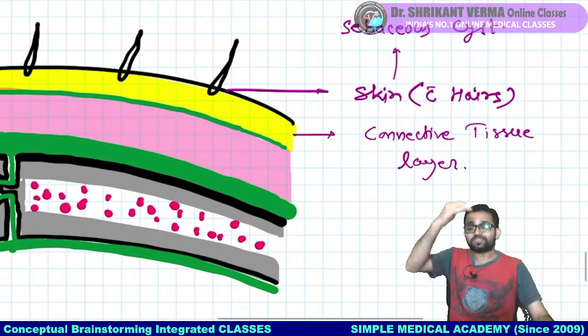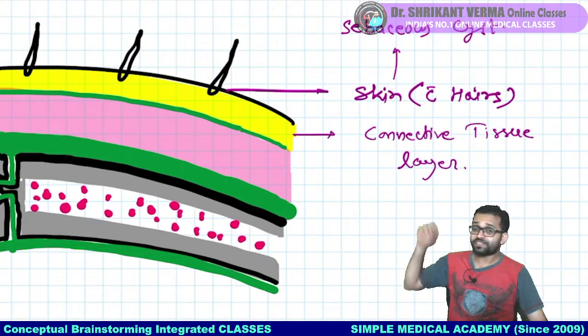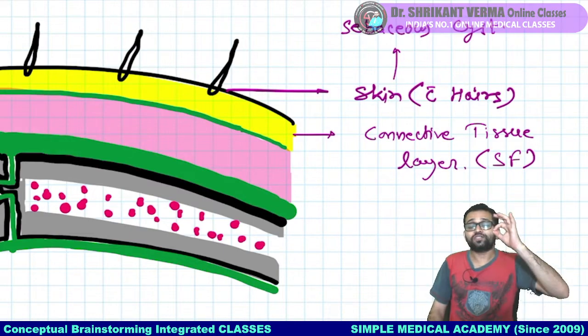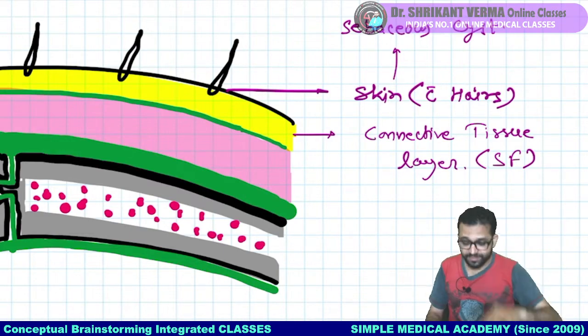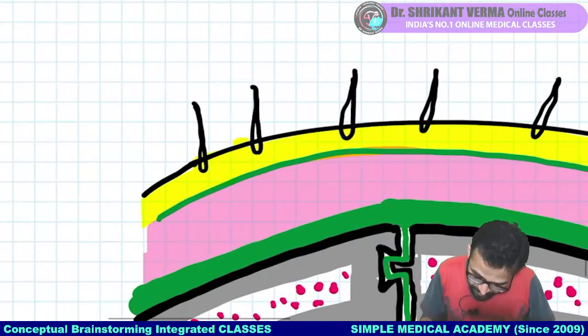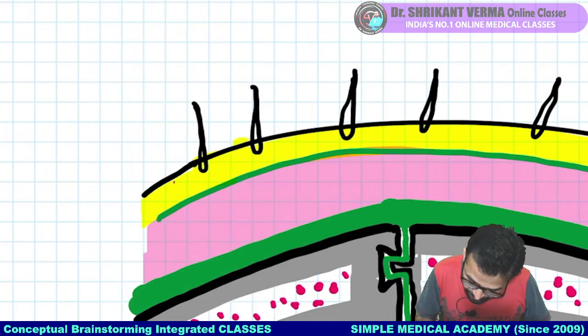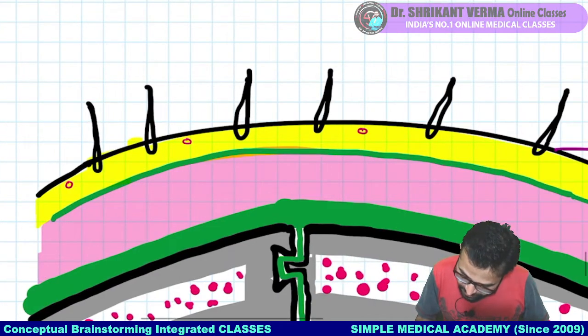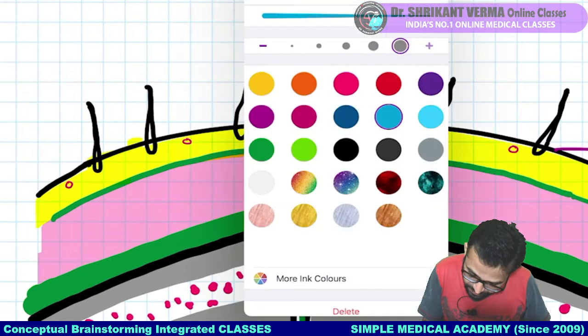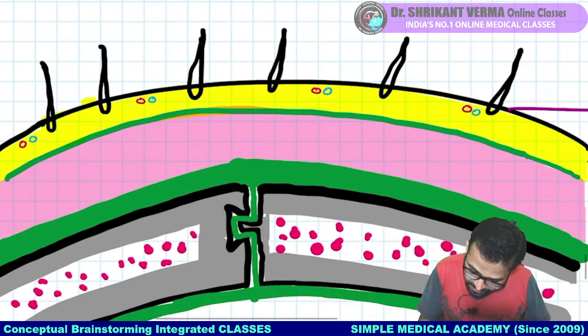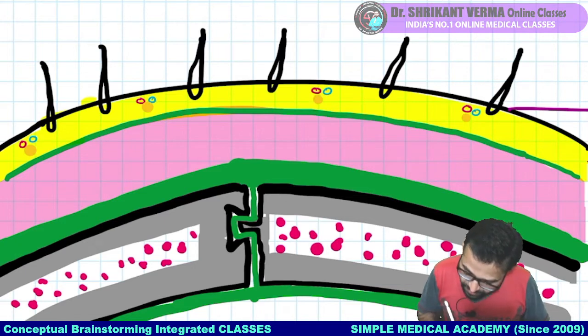Remember, skin, superficial fascia, deep fascia, it is nothing, it is our superficial fascia. You can say yes, this is superficial fascia. You know, the superficial fascia always has cutaneous nerves and vessels. So what you can observe here, there are different neurovascular bundles which have our cutaneous arteries, diagrammatic presentation, cutaneous veins, and our cutaneous nerves.